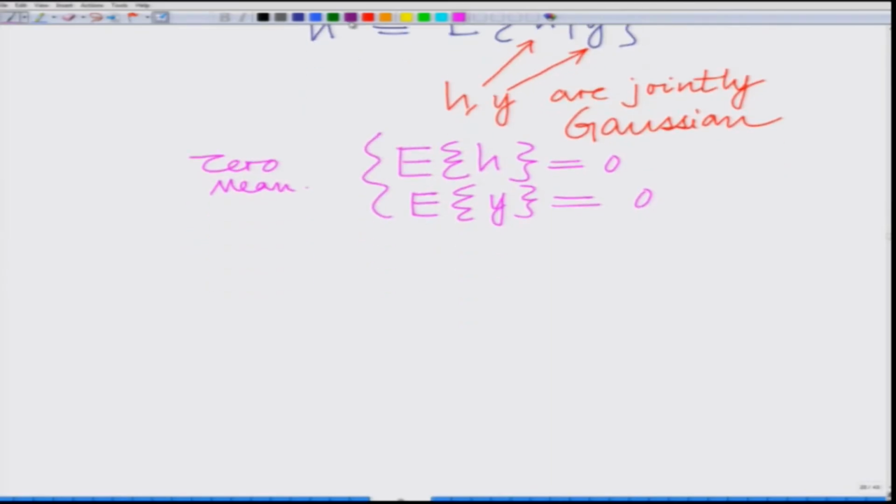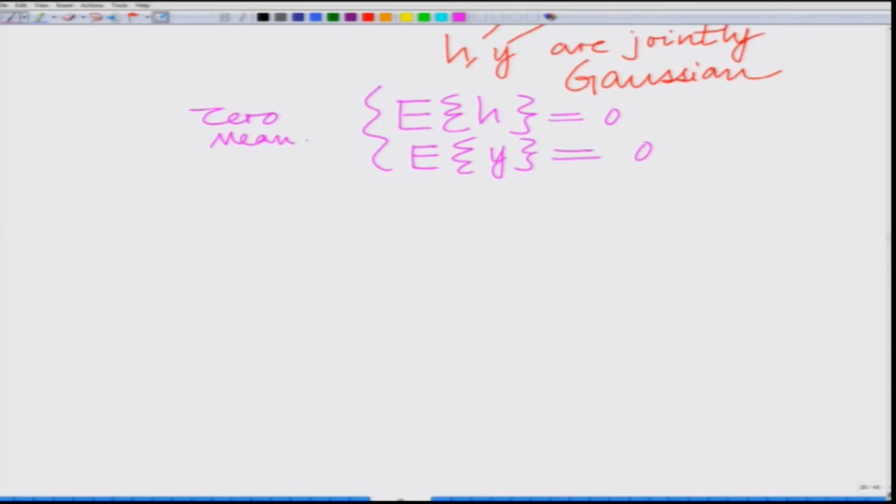Now, let us consider the non-zero mean scenario.